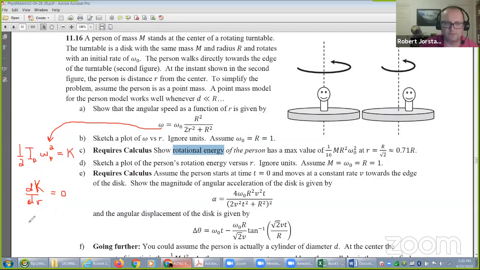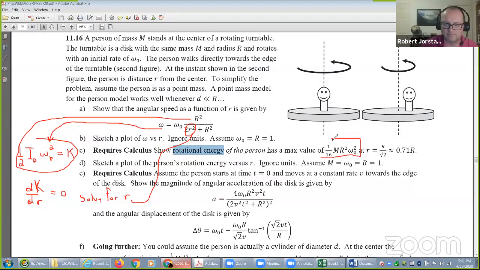And then hopefully you thought, okay, solve for R, and then plug that in to right here. And then that gives you this number, which is this. All right. It's kind of circular there. I'm going to pause for a second.